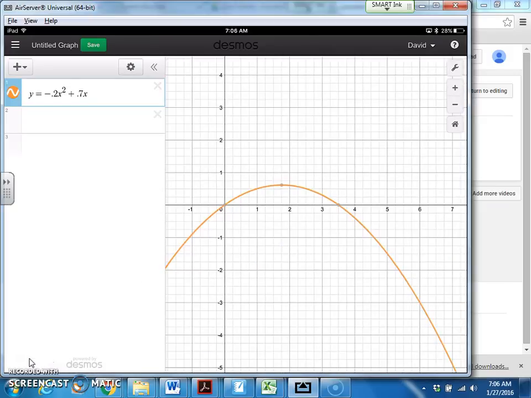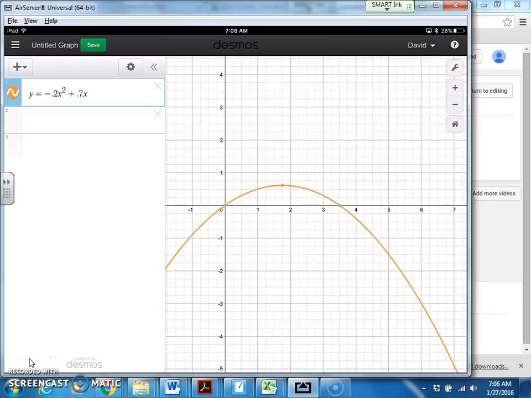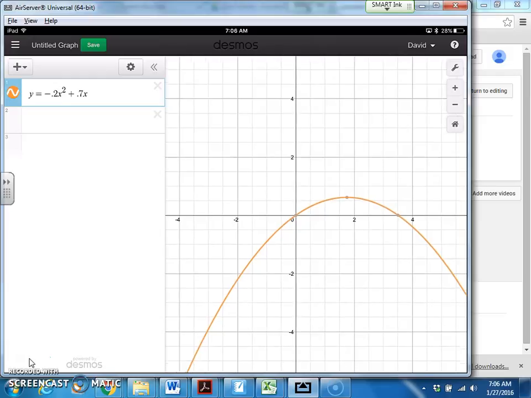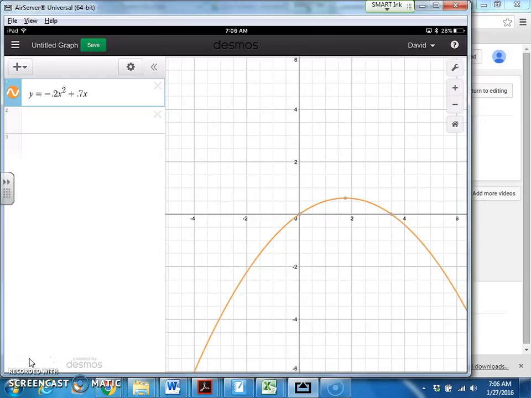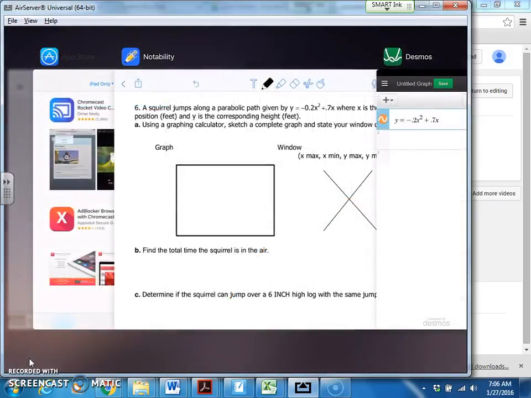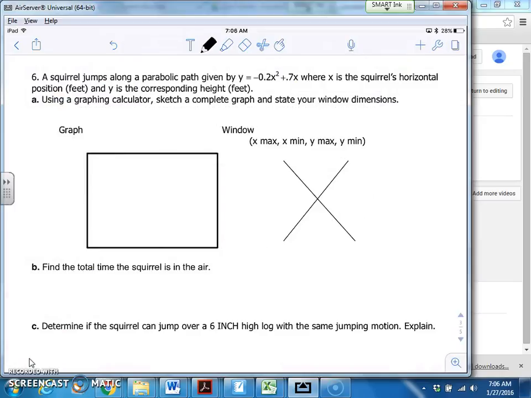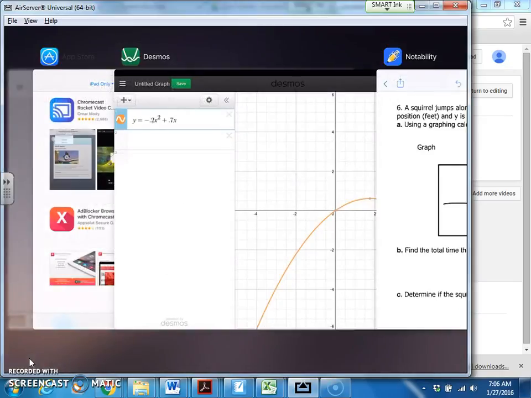Alright, so my window, I think doing the 5s again is fine. And let's go ahead and graph it. Look at that one more time so we can be more accurate.